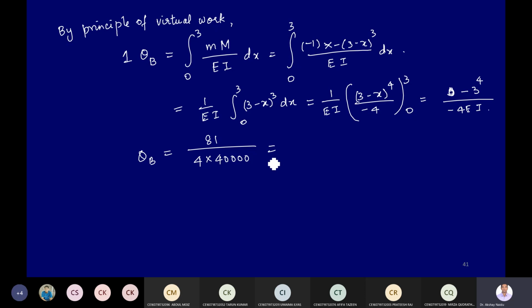So we have to do 81 divided by 16, no, divided by 160,000. That gives 5.062 times 10 to the power minus 4. This is the slope.